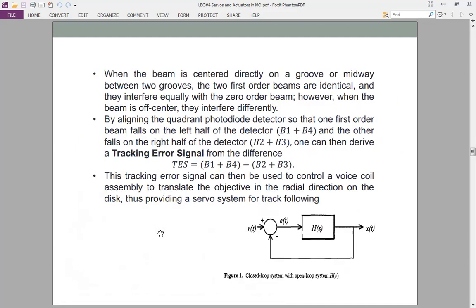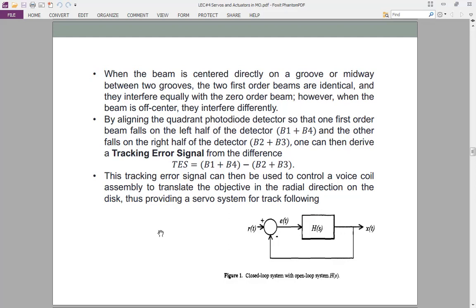So when the beam is centered directly on a groove between two grooves, the two first order beams are identical and they interfere equally with the zero order beam. However, when the beam is off center, they interfere differently.